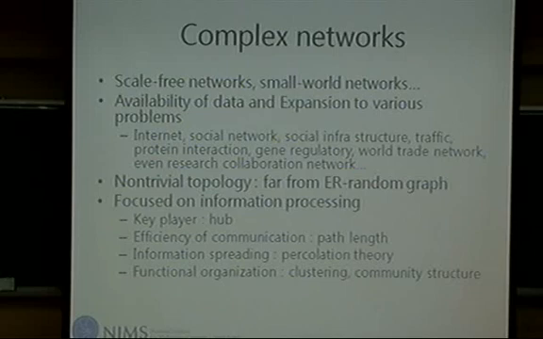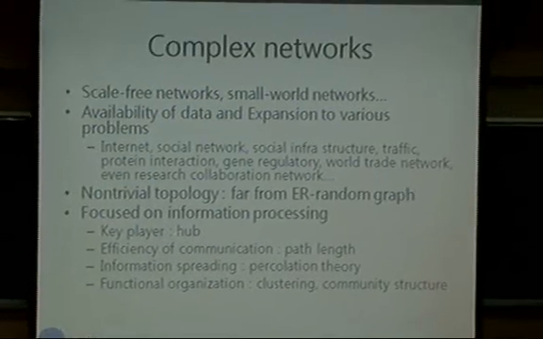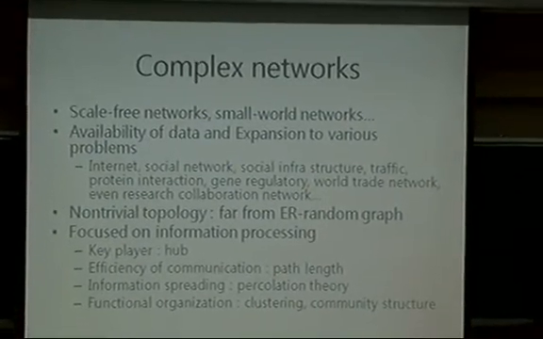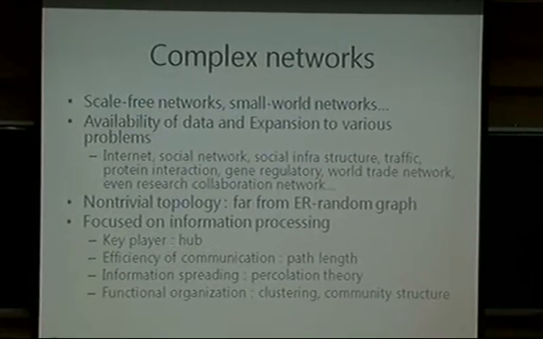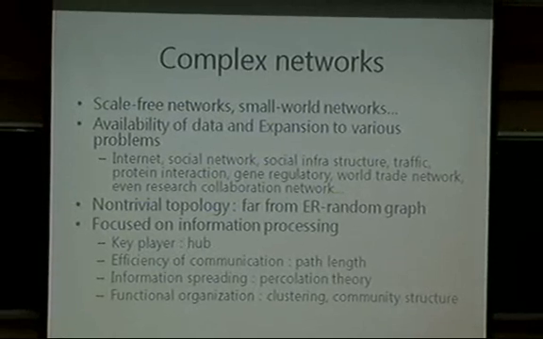It is the same situation with the brain, because we will have the data and we need to analyze it. And what it shows was that it has non-trivial topologies. It is far from the Erdős–Rényi random graph. Most studies focused on information processing in the networks. There is a key player in the network which is called the hub.